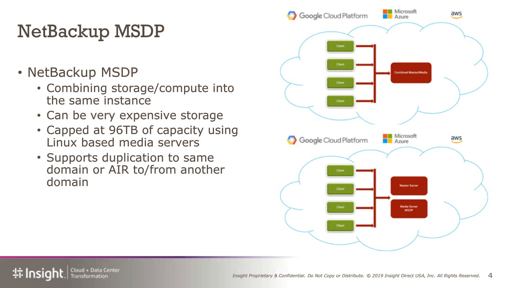So this is essentially one format where you have a standalone master media server. It's just like having several sites, except you're leveraging the cloud. The other strategy you can use is to separate your master and media servers for larger environments or larger workloads within the cloud. And it's the same if you're on site as well. So these are very similar, and a lot of this looks very familiar.